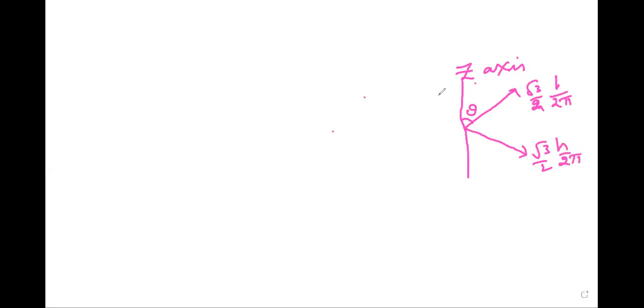So this is plus 1 by 2 into h by 2 pi and minus 1 by 2 into h by 2 pi.